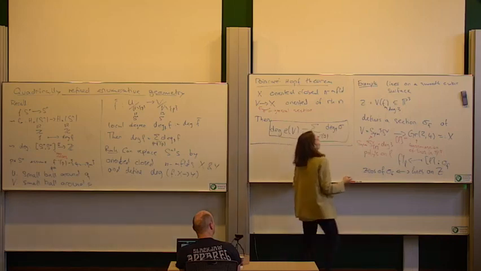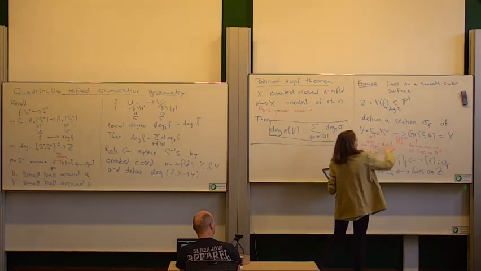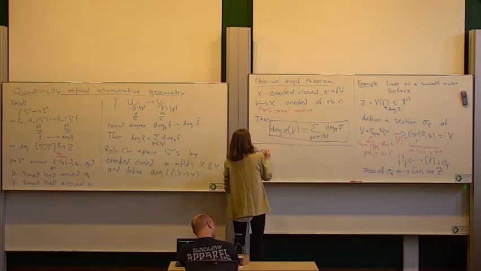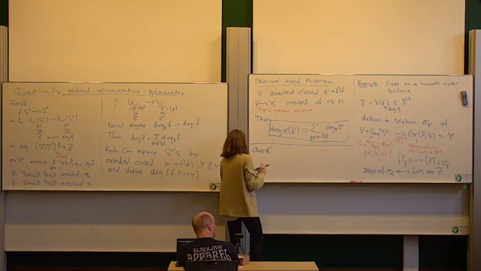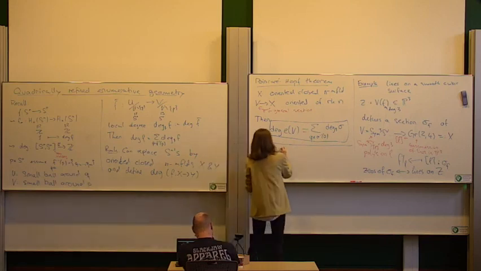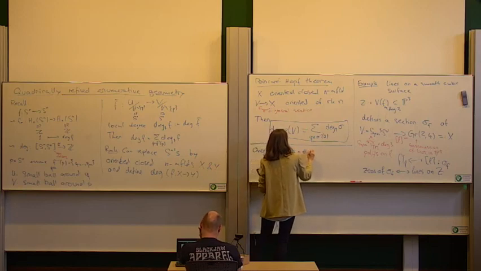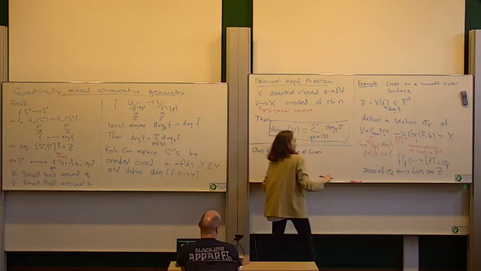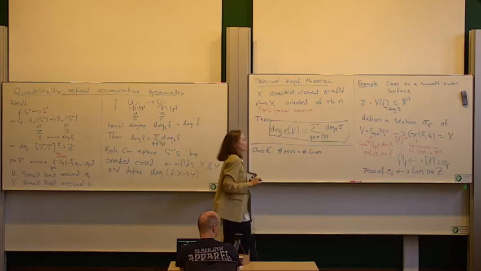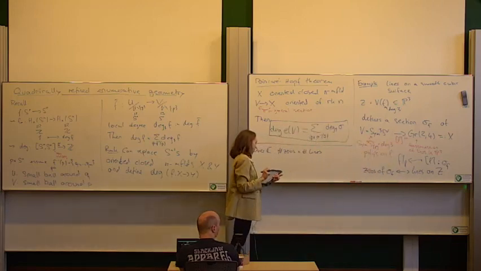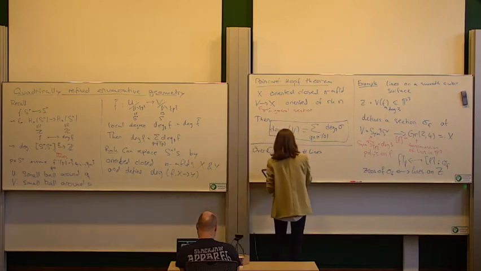If we go to algebraic geometry and do this over the complex numbers, what happens is that we've seen that the number of zeros equals the number of lines. And since this is a general section, and here the rank is the same as the dimension, this is the degree of the top Chern class.